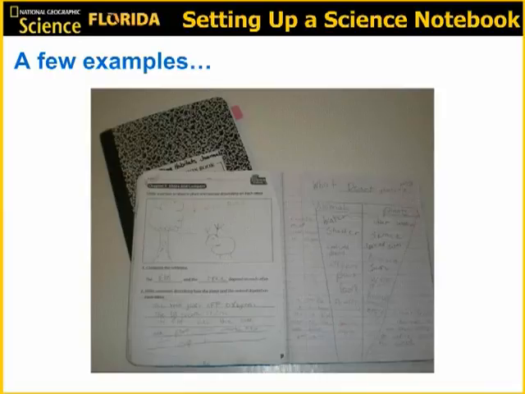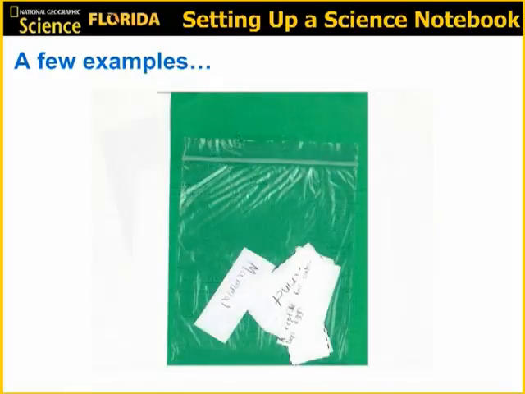A composition book is another option, and you can see the little pink tab that is used to divide the units. Also notice how the teacher combines the learning masters from the NG Science by gluing or taping them into the book and the original student work. This teacher has taped a Ziploc baggie to the inside of her notebooks so students can store their vocabulary words in a safe place.